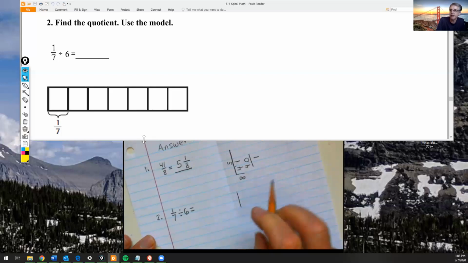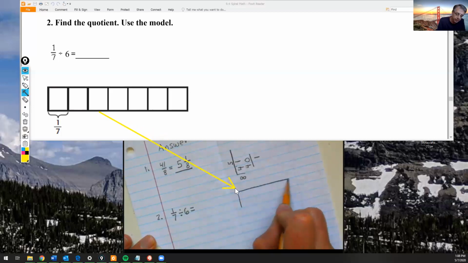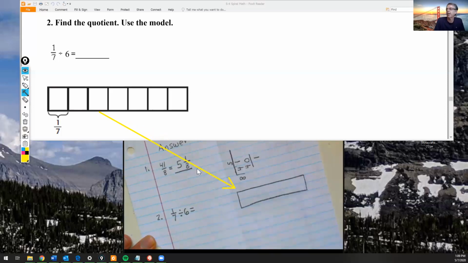So I'm going to make a unit bar just like they have here. I'm going to use this model right down here. I'm going to count 1, 2, 3, 4, 5, 6. Wait, 1, 2, 3, 4, 5, 6, 7.